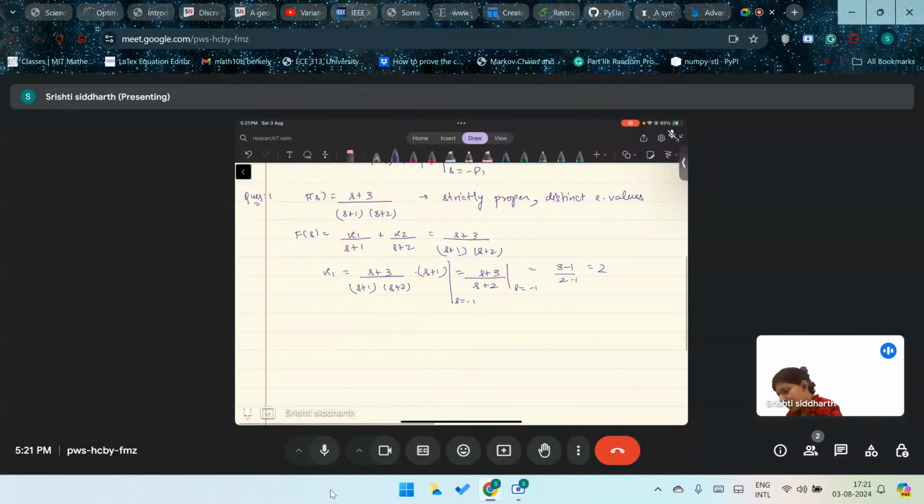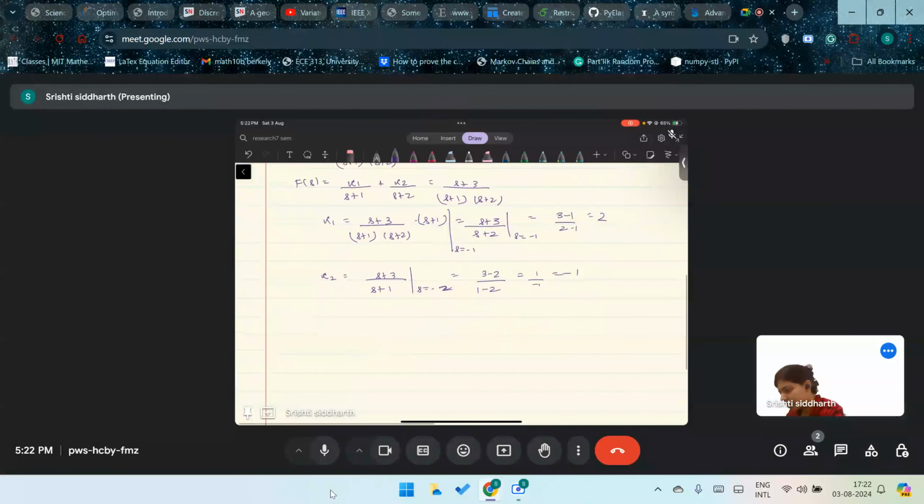Similarly, c2 is (s plus 3) upon (s plus 1) evaluated at s equals minus 2, which gives minus 1. So F of s can be written as 2 upon s plus 1 minus 1 upon s plus 2.